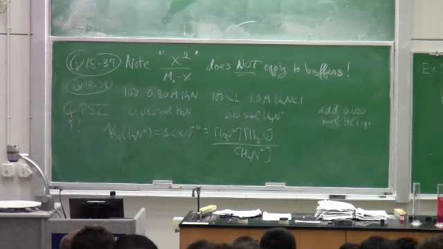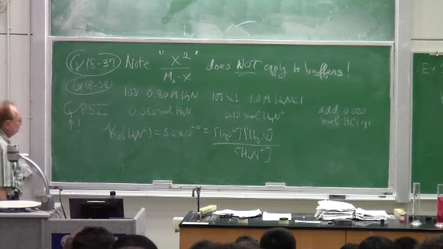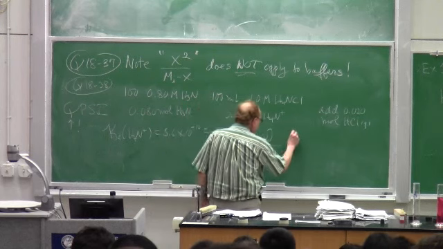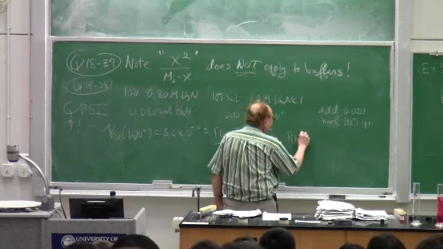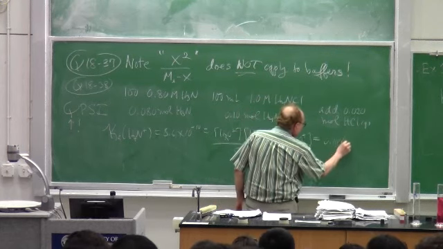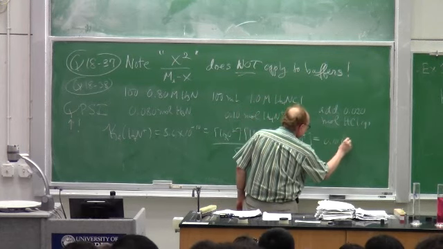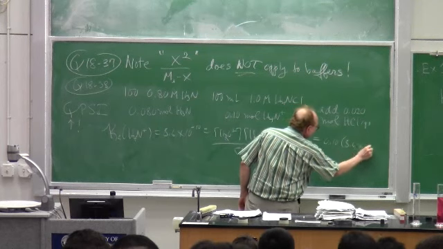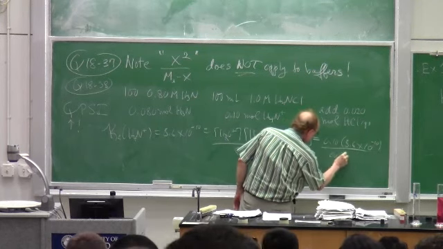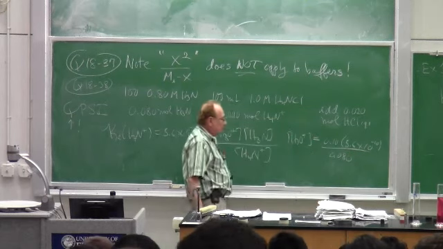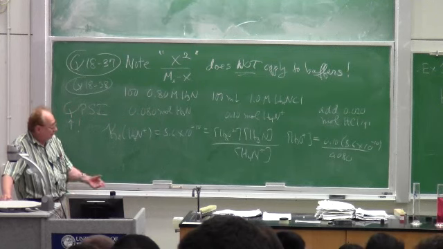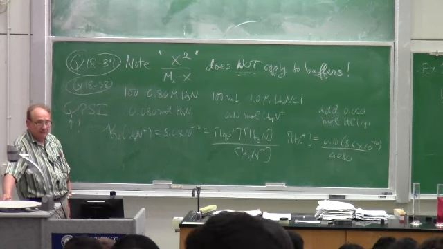That's unnecessary arithmetic. So the hydronium ion is 0.10 times 5.6 times 10 to the minus 10, divided by 0.080. That's before I put in the HCl gas. You do the arithmetic. Okay?